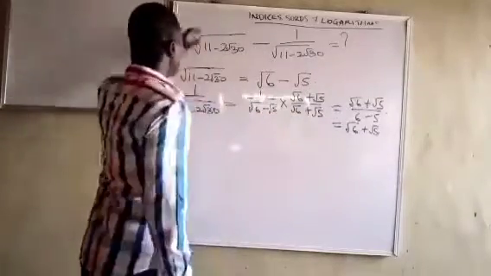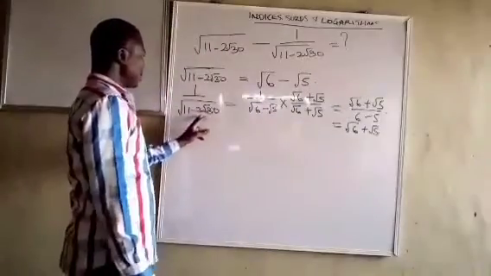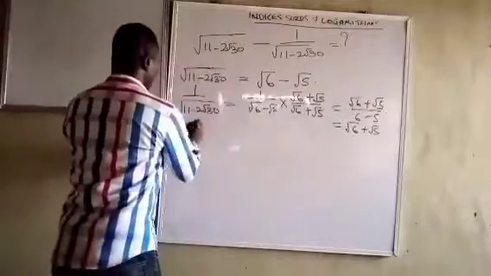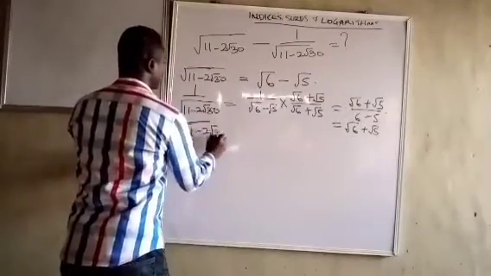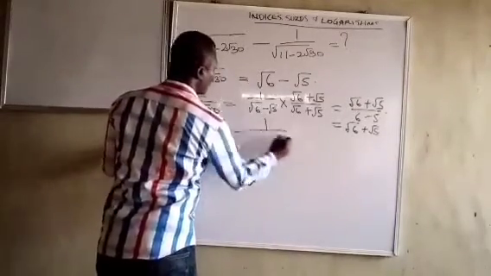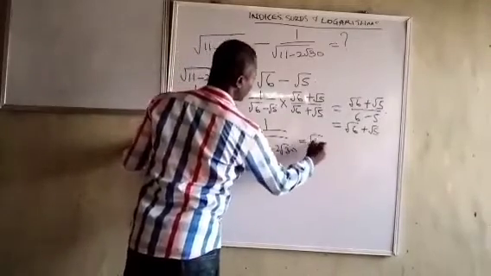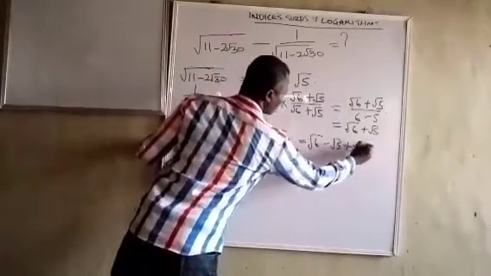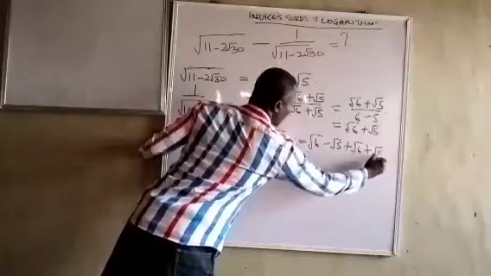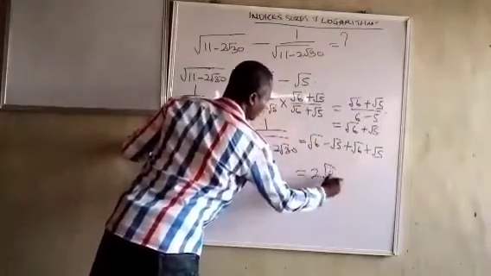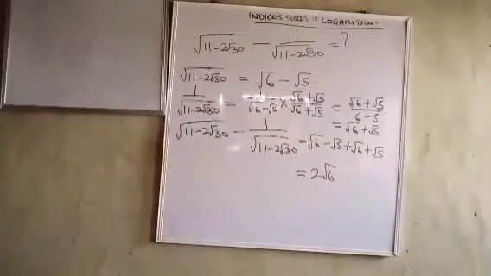So when you want to find the inverse, you just change the sign at this place. So root 11 minus 2 root 30 minus 1 over root of 11 minus 2 root 30 is equal to root 6 minus root 5 minus root 6 minus root 5, so everything gives us 2 root 6. So that's the answer for that question.